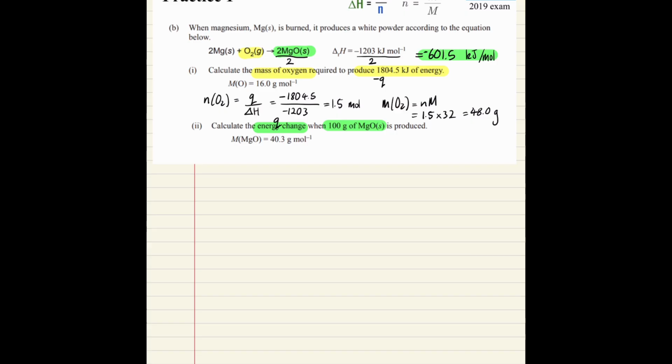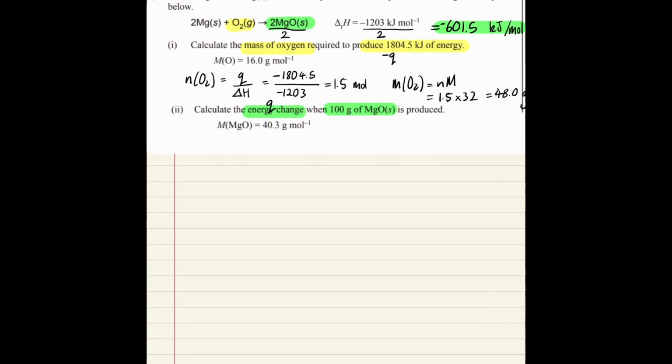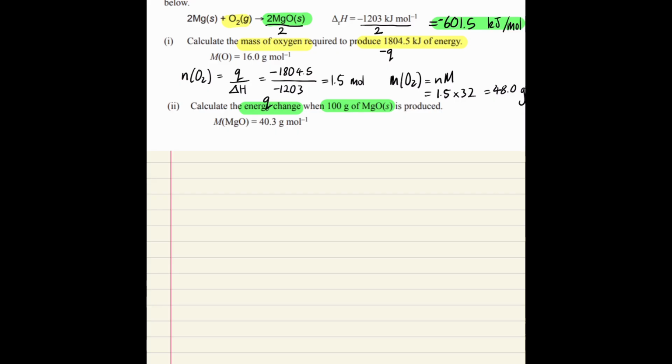So to find out how many cups of milk I'm going to need, I'm going to divide it by 4. Okay, so I'd only need half a cup if I was just making 1 meal. So it's all the same thing. We're just applying the ratio to the recipe. So I'm finding out 1 mole magnesium oxide produces 601.5 kilojoules of energy.